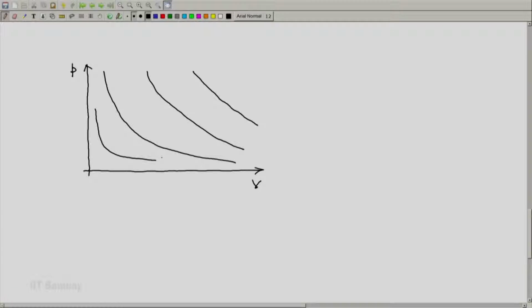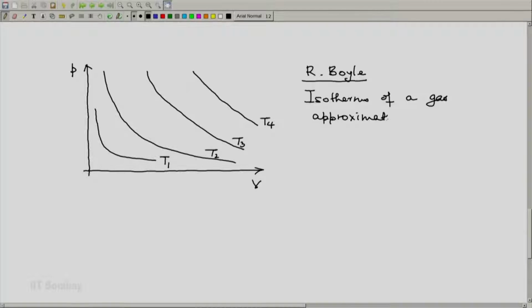These are various temperatures. This is the T1 isotherm, this is the T2 isotherm, this is the T3 isotherm, this is the T4 isotherm. So, Boyle discovered that isotherms of a gas approximately follow the relation that the pressure and volume product is a constant.